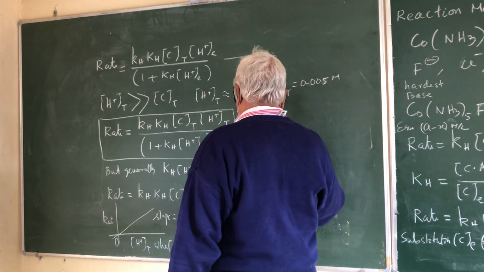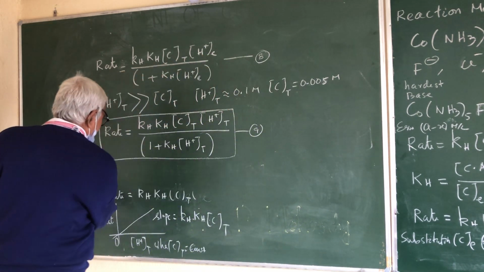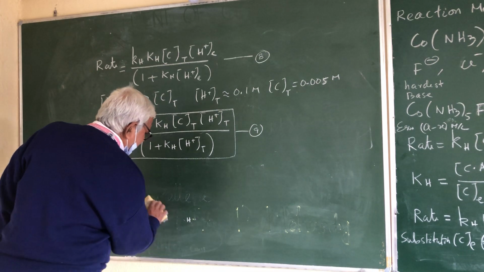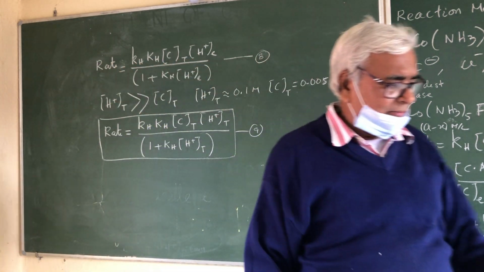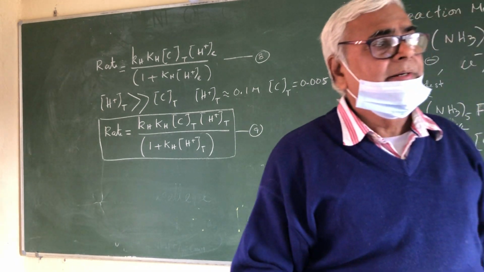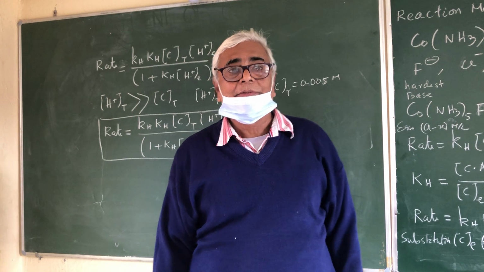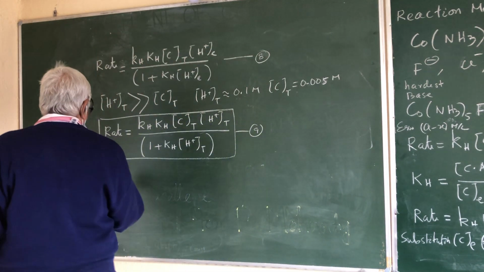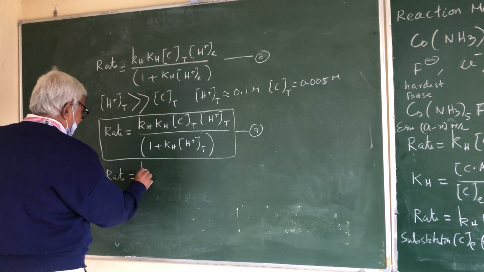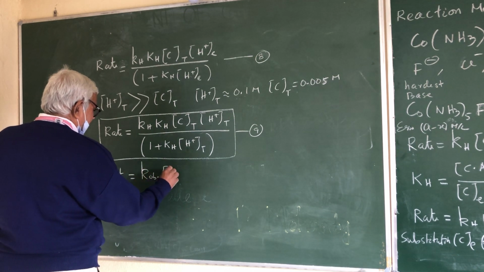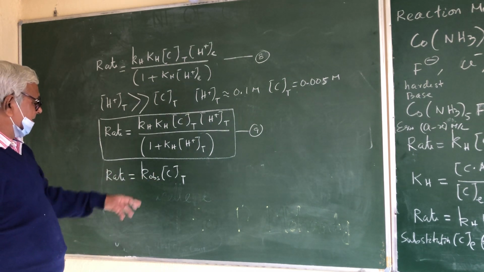But we cannot take rate directly. Rate is to be converted into the observed rate constant, k observed, which is calculated by following the complex total at various time intervals. So rate will be equal to k observed into complex total, because rate depends on complex total concentration.